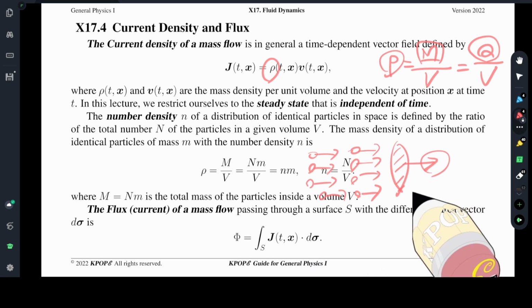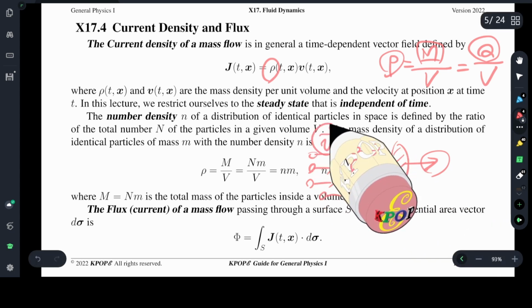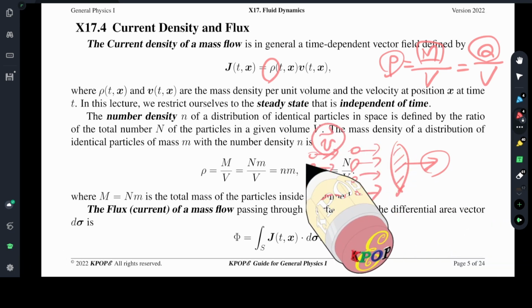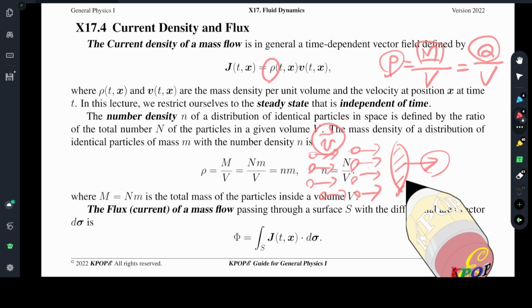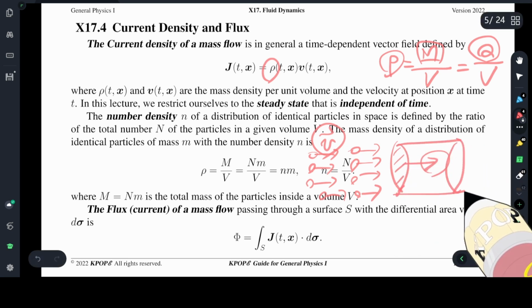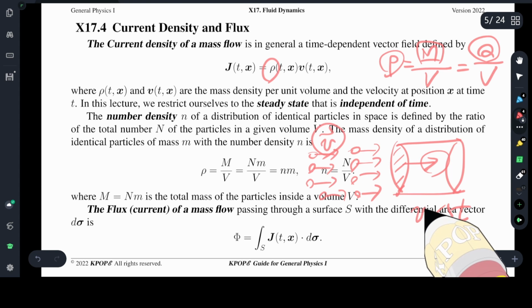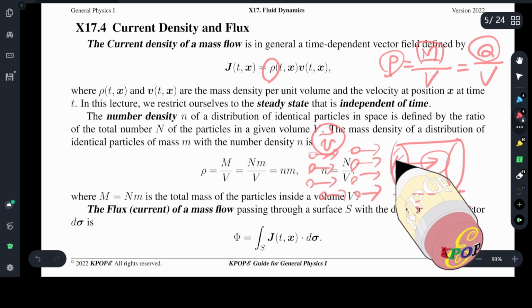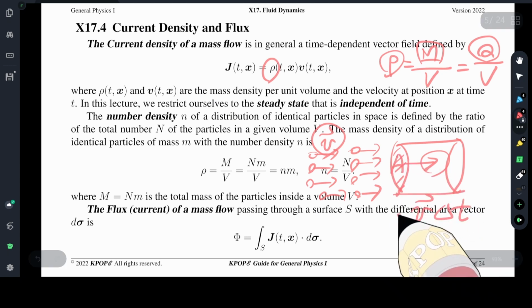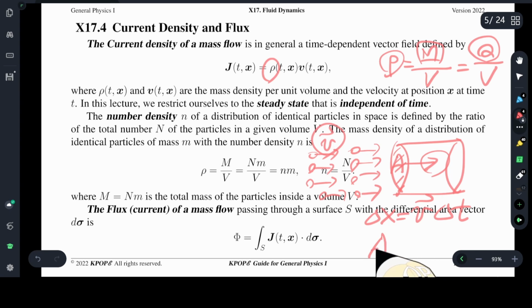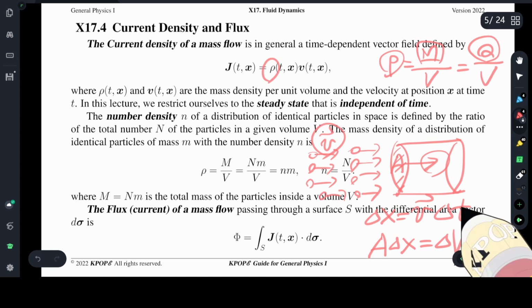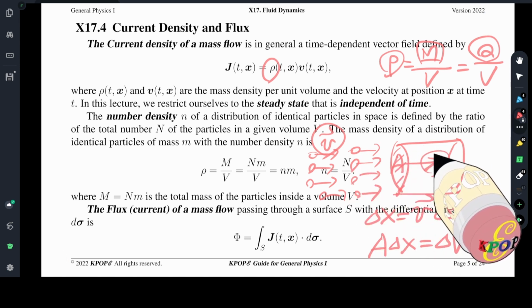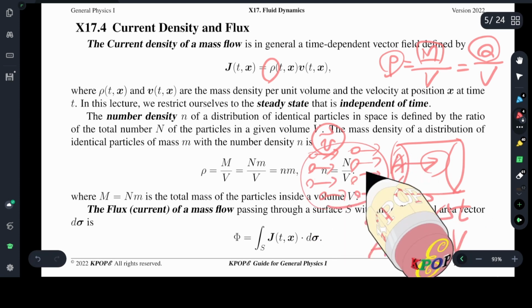So if I allow some time, because they are moving with uniform velocity, for simplicity we assume that the velocities are all identical. In that case, for a short time delta t, there is a displacement of this current, and we have a cross-sectional area. So this is delta x. The cross-sectional area multiplied by the height will be the volume in which the particles are passing.